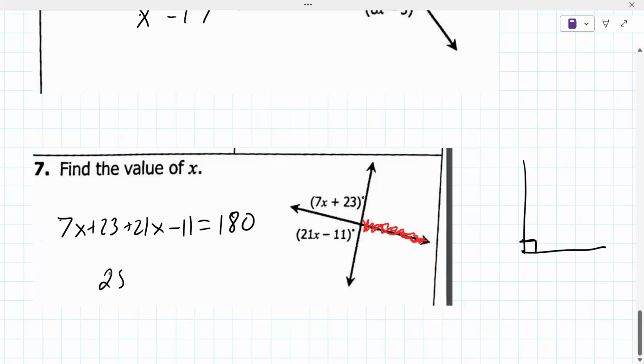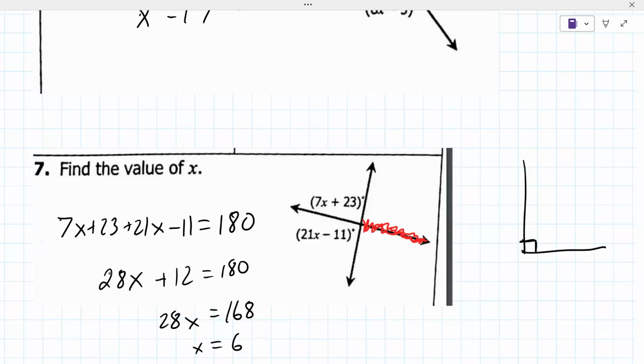Okay, so we got 28x plus 12 equals 180. 28x equals 168. You said x equals 6. You are correct. And I guess that's sufficient. Any questions on that? Nope. Okay, all right.